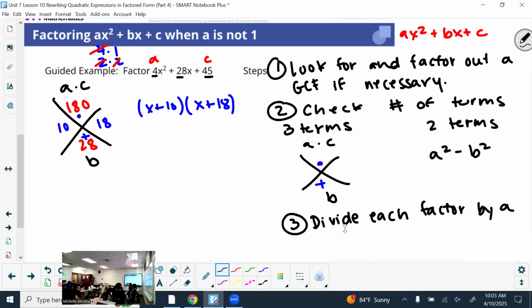Make that the same step. Divide each factor by a and reduce the fraction. Table 6, what was my a value in this?